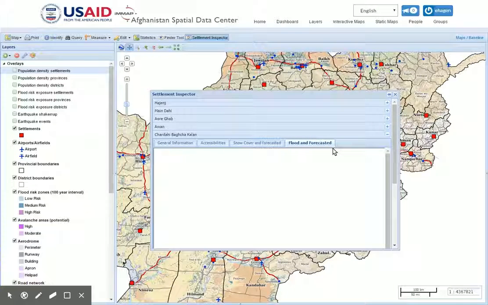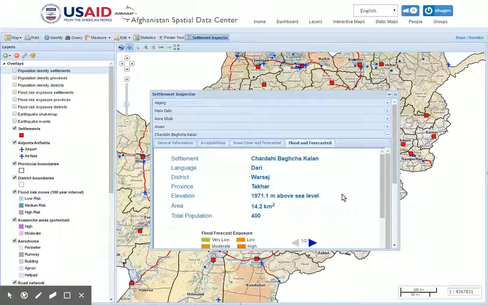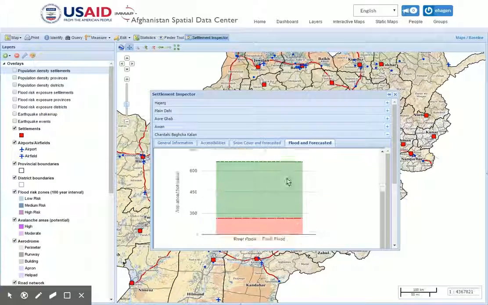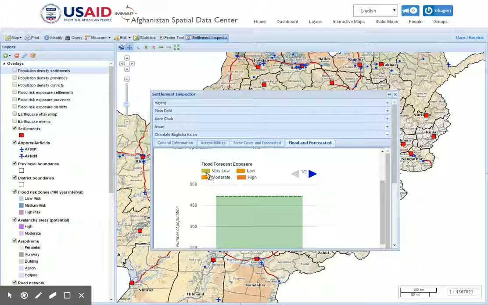Let's look at the flood risk. So we have 400 persons, and we can see that of those 400 persons, about 114 live in a 100-year inundation event flood risk scenario. At present, there is in entire Afghanistan no forecasted floods. If there would be forecasted floods, these would be shown in the graph using these colors.